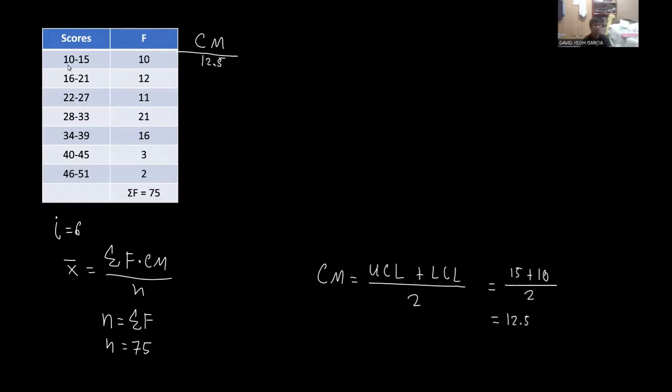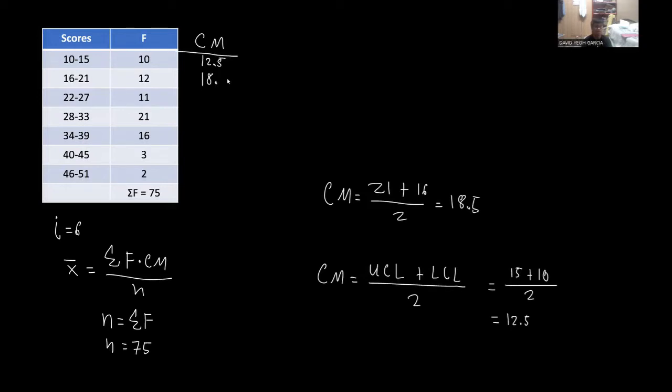Let's try the next interval, 16 to 21, using the same solution. Upper class limit, which is 21, plus lower class limit, which is 16, divided by 2. I'm using a calculator, I'm sorry. In this one, we have an exact value of 18.5.